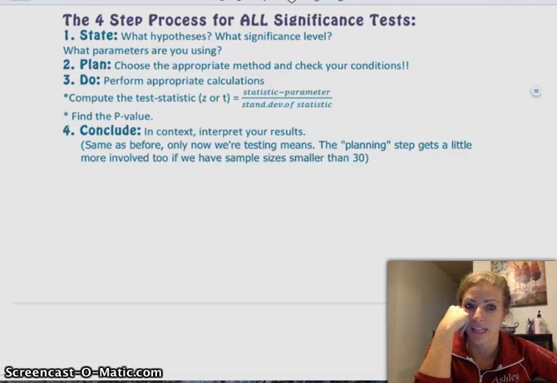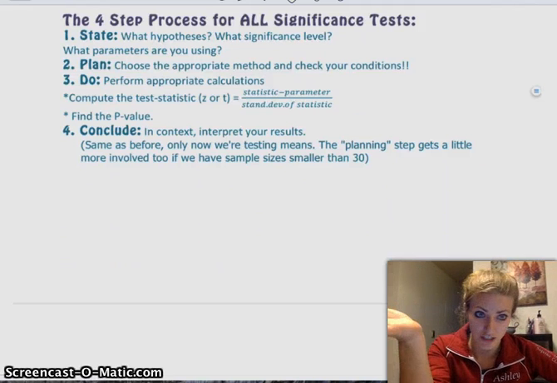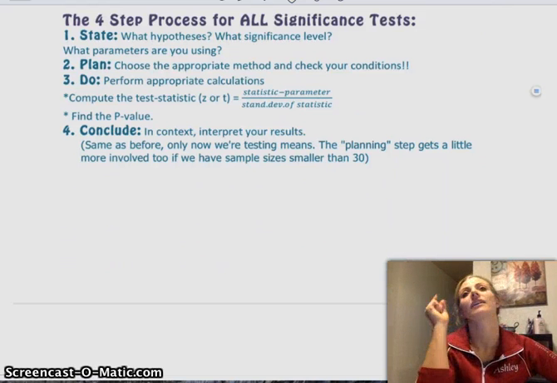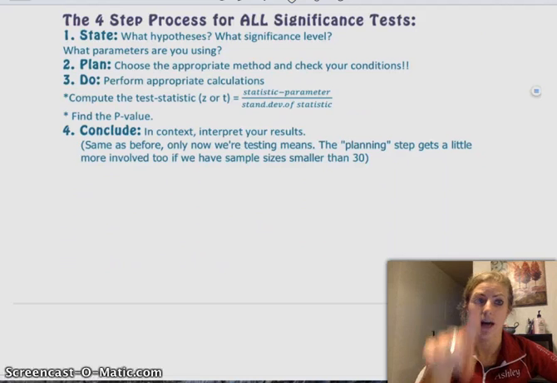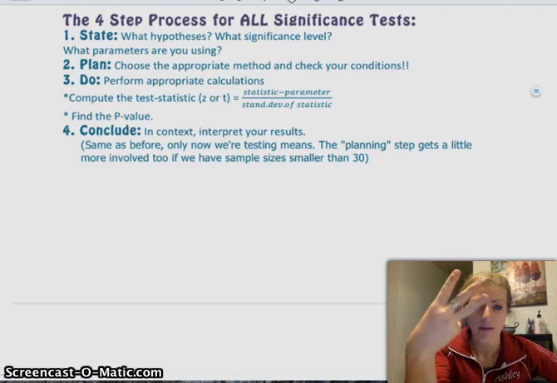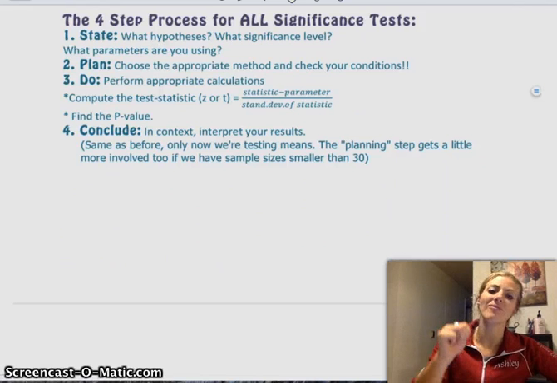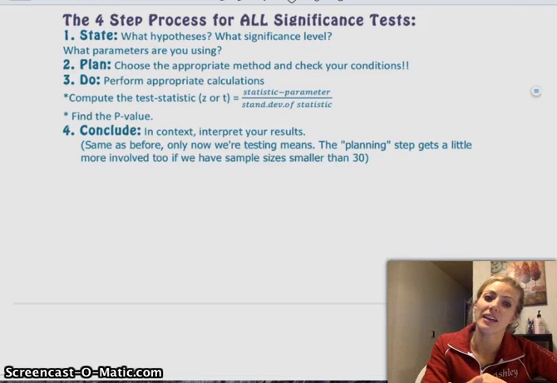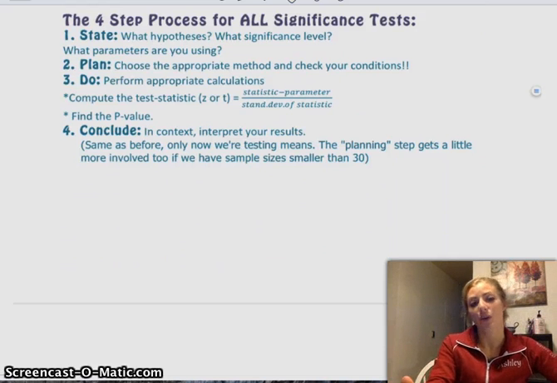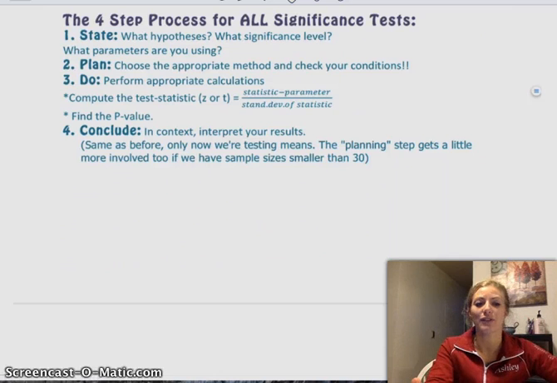Two is the plan. You want to check your conditions, obviously, and your conditions are the same as they were when you're doing confidence intervals as well. It's also kind of the same as when you're doing proportions: random, normal, and independent. But the problem is, in this case, if your sample size n is less than 30, then you have to plot the data and see if there are any variations from the norm.